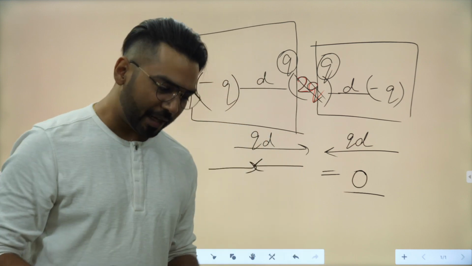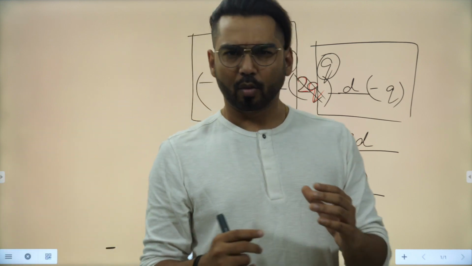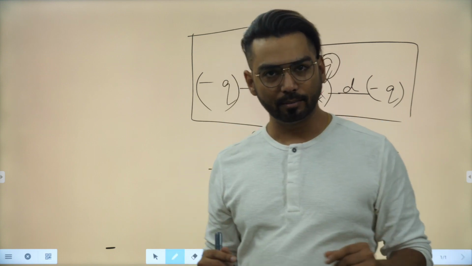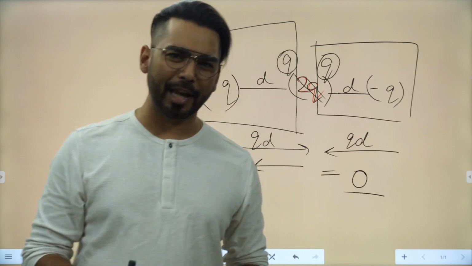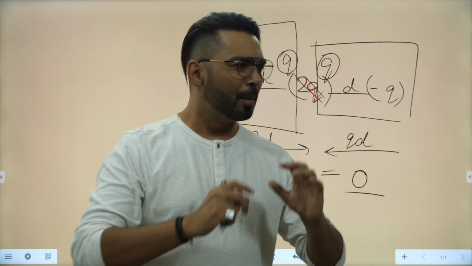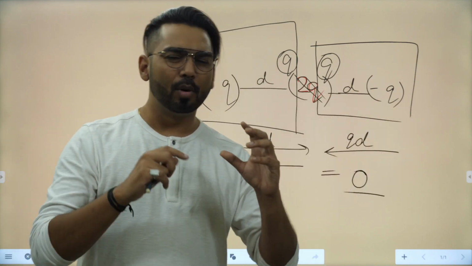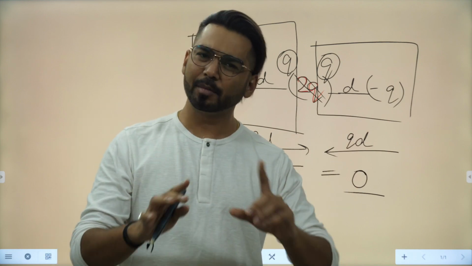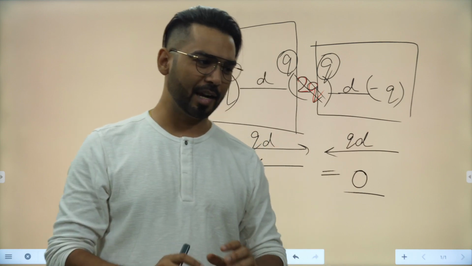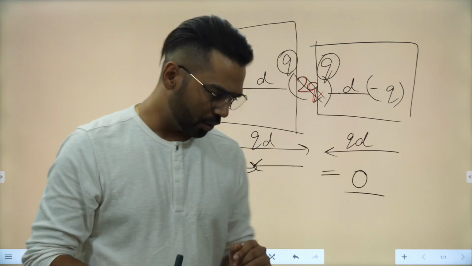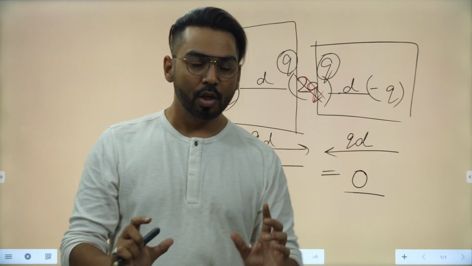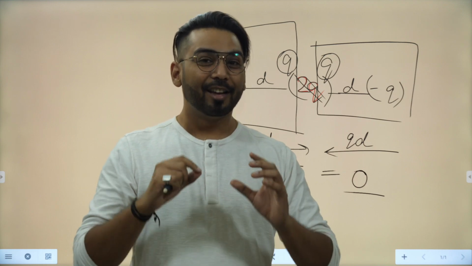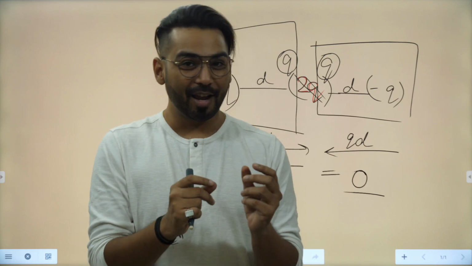So guys, whenever in chemistry you hear that this molecule is polar or this molecule is non-polar, I'm pretty sure in organic chemistry you must have heard polar protic solvents, polar aprotic solvents. Such terms will come in organic chemistry and sometimes inorganic chemistry also. So what makes a molecule polar?